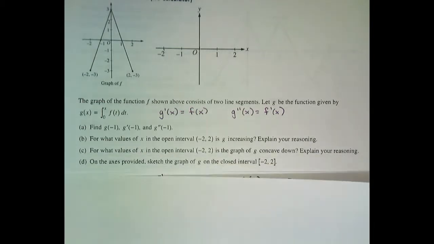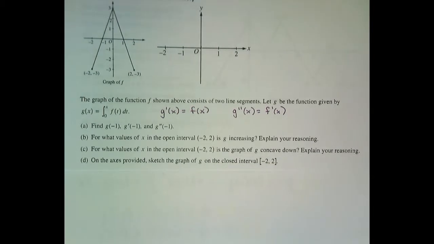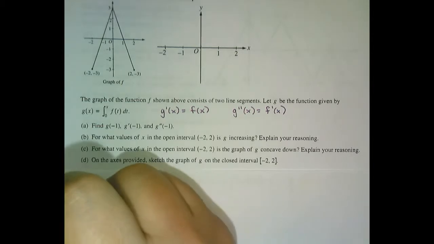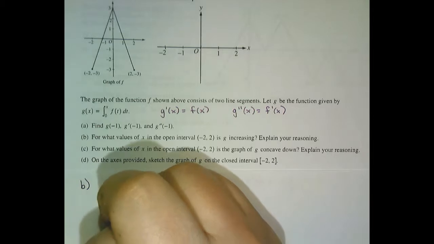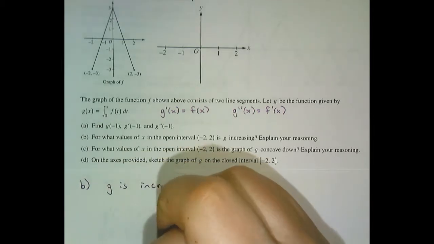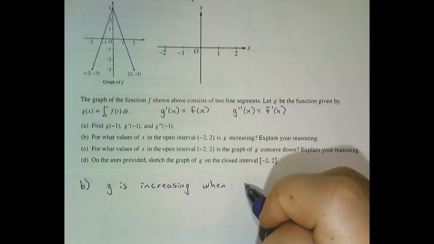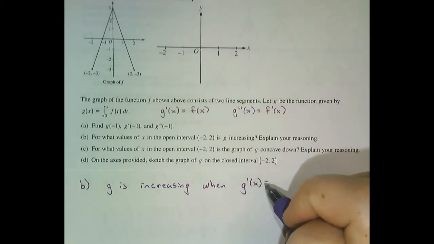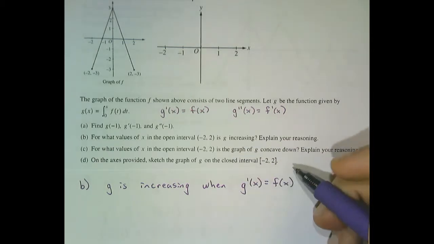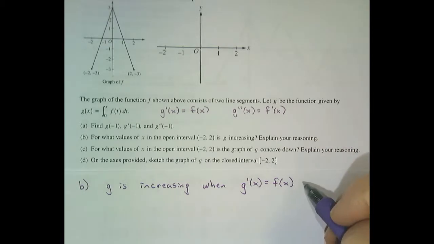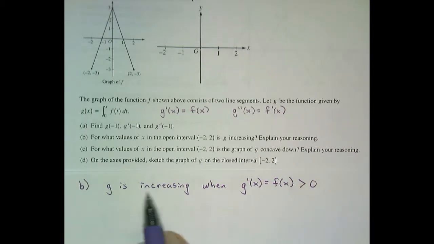Moving on to part B. For what x values in the open interval -2 to 2 is g increasing? So g is increasing when g prime of x, which is the same thing as f of x, is positive. A function is increasing when its derivative is positive.